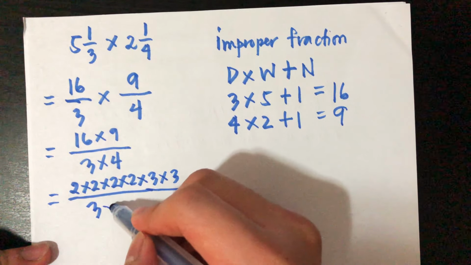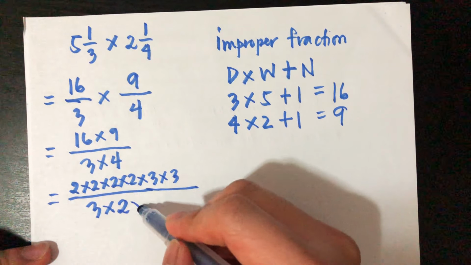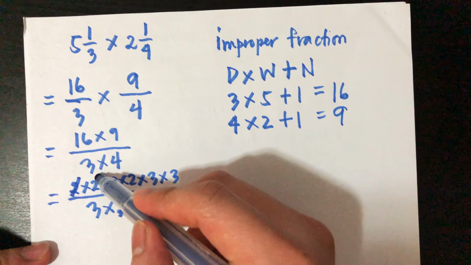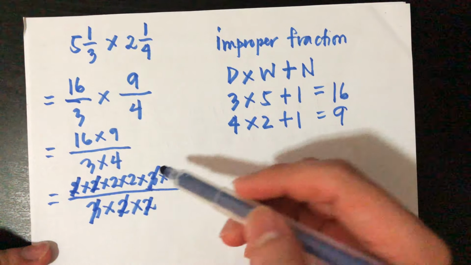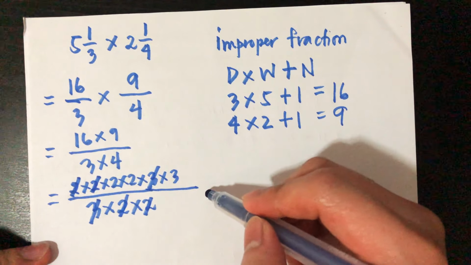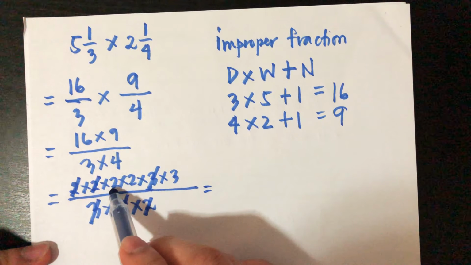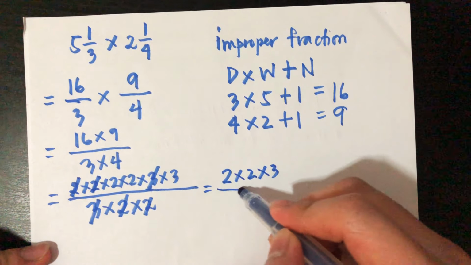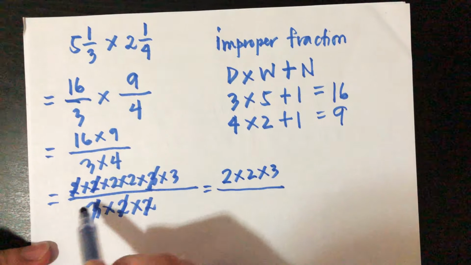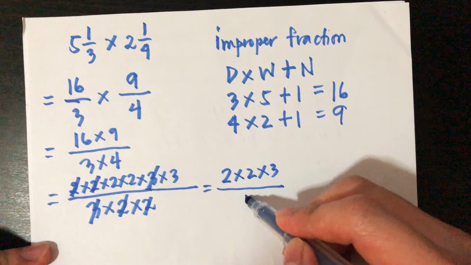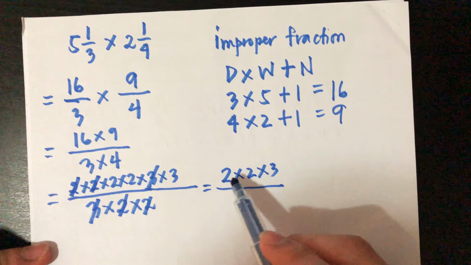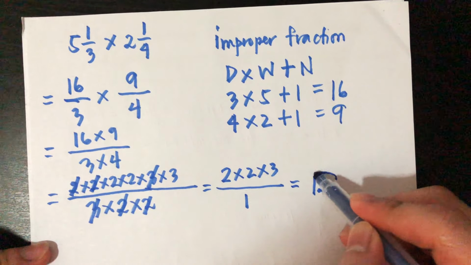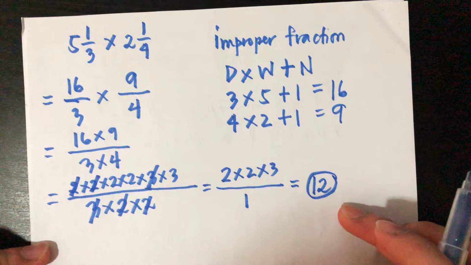Then 3 times, now the factors of 4, we have 2 times 2. Then cancel out the common factors. We have this, this, and this. So the remaining factors that we have here is 2 times 2 times 3, and in the denominator everything is cancelled out, so this is equal to 1. Okay, now 2 times 2 times 3 is equal to 12. So the answer here is 12.